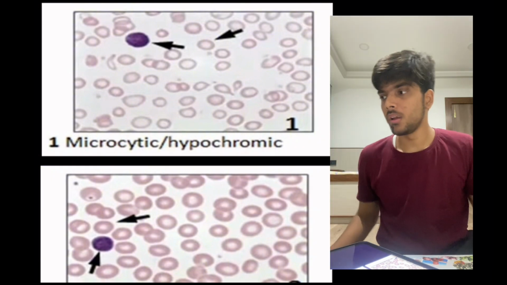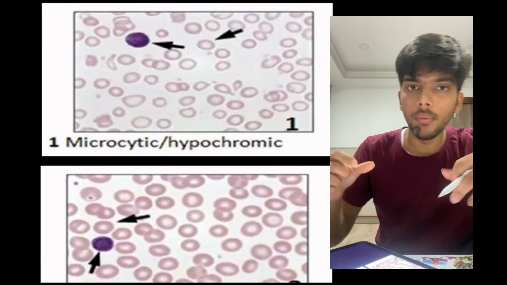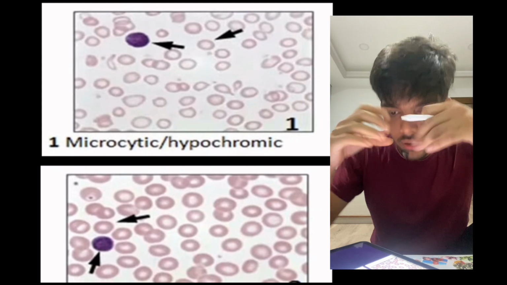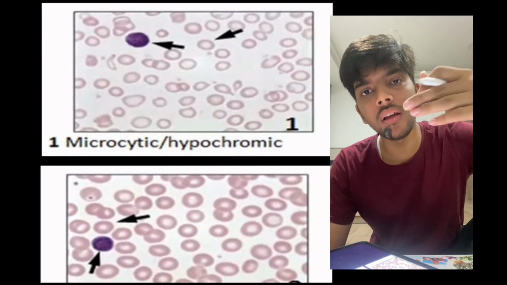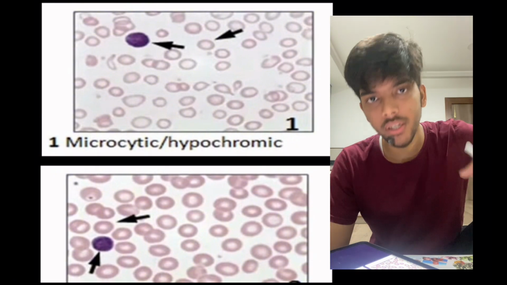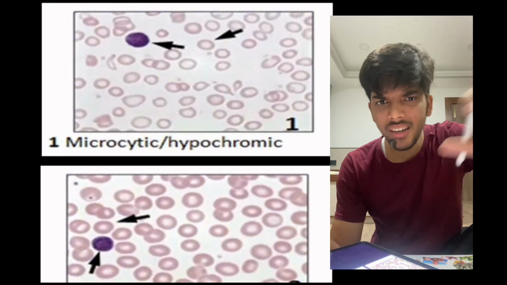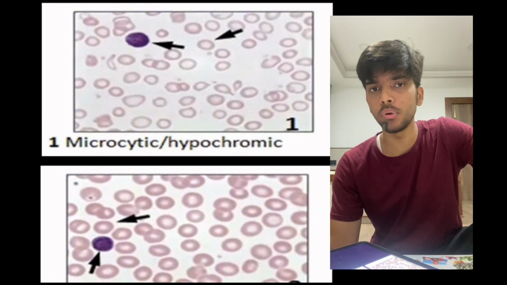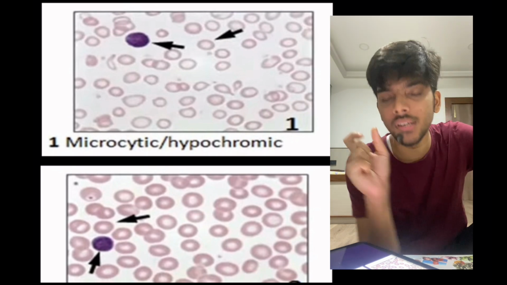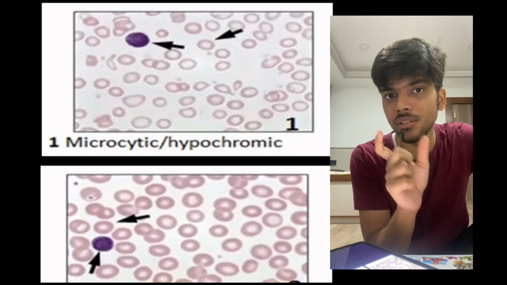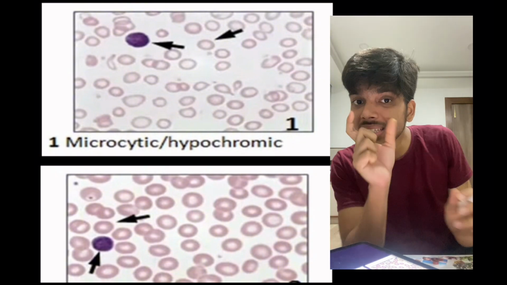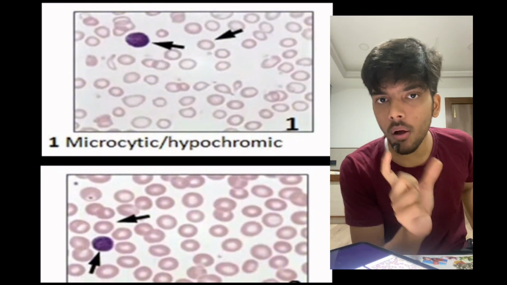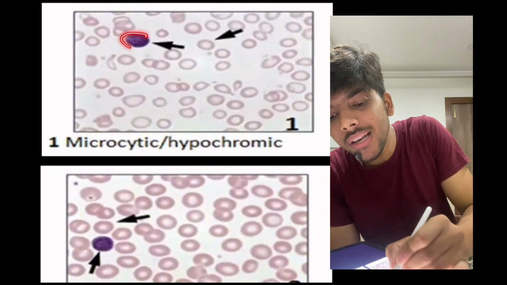Now here's the thing, let's say you draw blood, make a smear on a slide and observe it under a microscope. Now how will you find out whether the RBC is microcytic, normocytic or macrocytic? You can't, it's really difficult, or I don't even know how you are supposed to measure the volume of a single RBC. Instead, what technicians do is that they compare the size of a single RBC with a small lymphocyte.